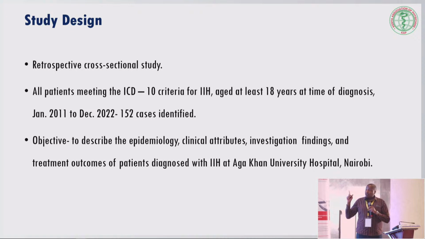The thing I have to point out, when we started the study, we had not realized there are a lot of patients in their pubertal years, that is between the age of 14 and 18, who had actually been diagnosed with IIH, and we did not look at this because they're usually under the pediatric department at Aga Khan. So we looked at the clinical care journey, and we looked at the epidemiology, the clinical attributes, the workup findings, and the treatment outcomes of patients diagnosed with IIH.